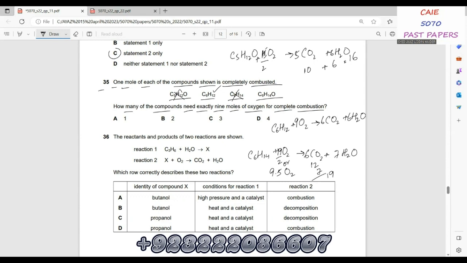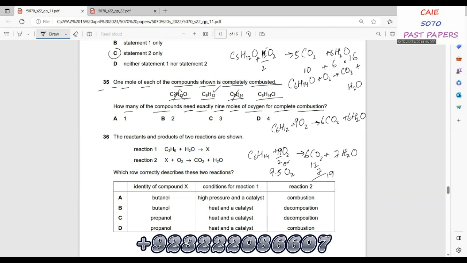We are left with C6H14O. C6H14O plus O2 gives CO2 plus H2O.